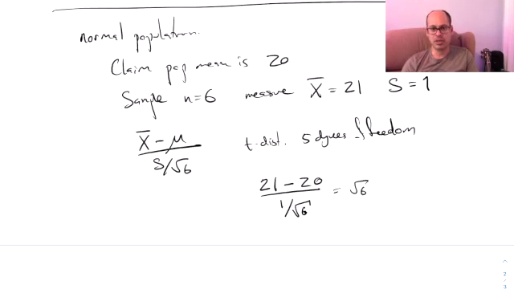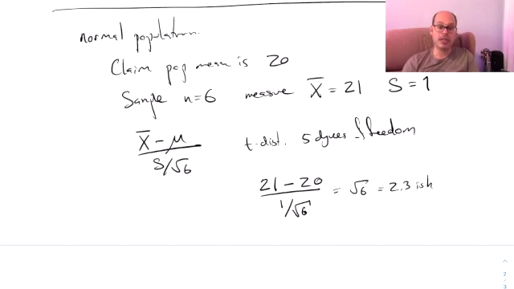Square root of 6 is a little more than 2, 2.3-ish. I guess I could figure that out. And now we'd like to know, well, what are we wondering? Well, x bar is bigger than the claim. So we're wondering, this variable, which should be centered around 0, is not 0, it's to the right of 0 by 2.3.